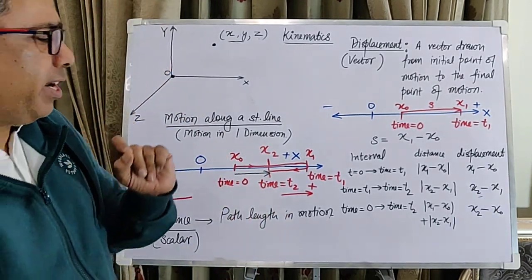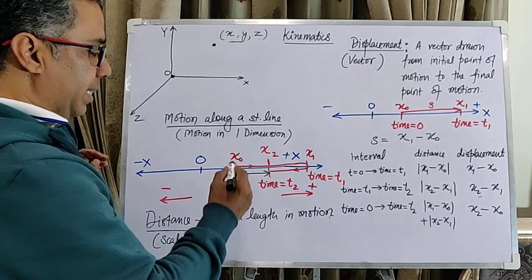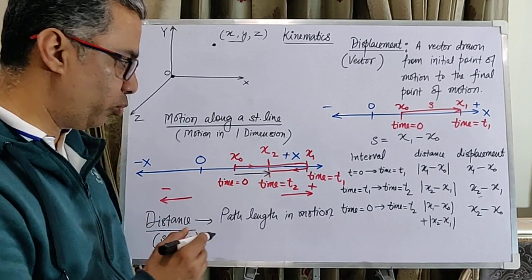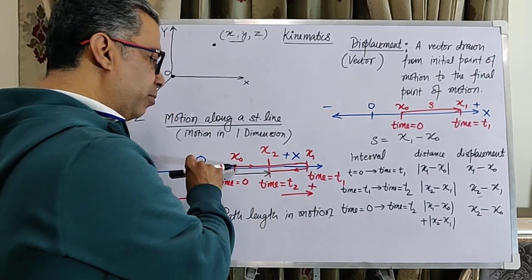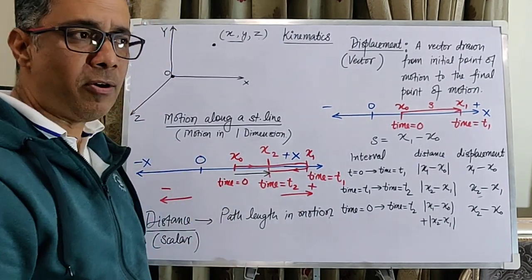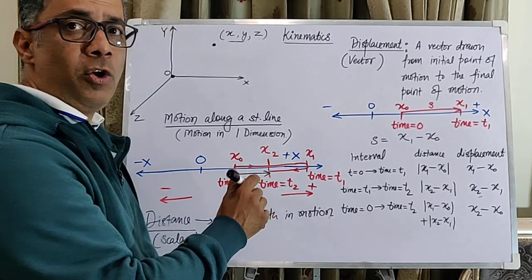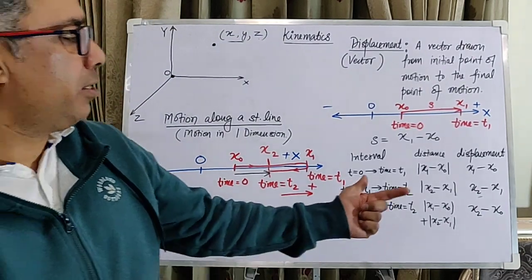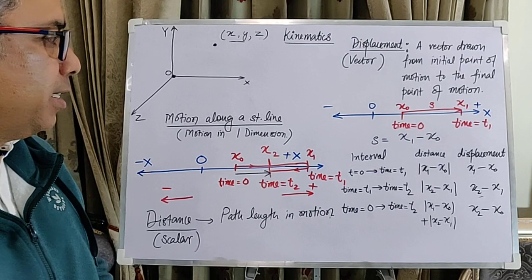A very interesting and very important observation is this: whenever the direction of motion is changing, the object was first moving in the positive direction of the x-axis and then started moving along the negative direction of the x-axis. In such cases, wherever there is a change in direction of motion, distance will always be greater than displacement.